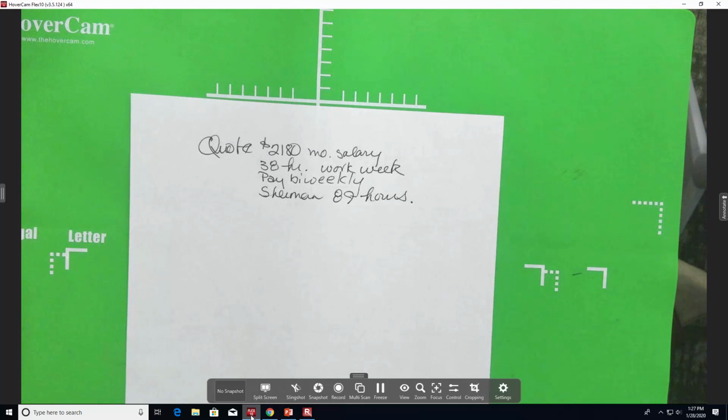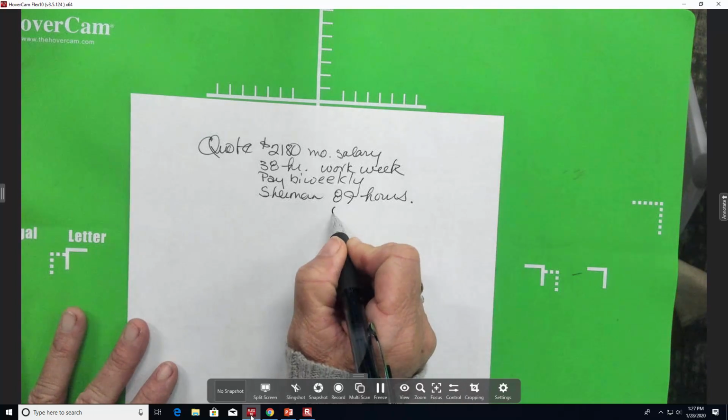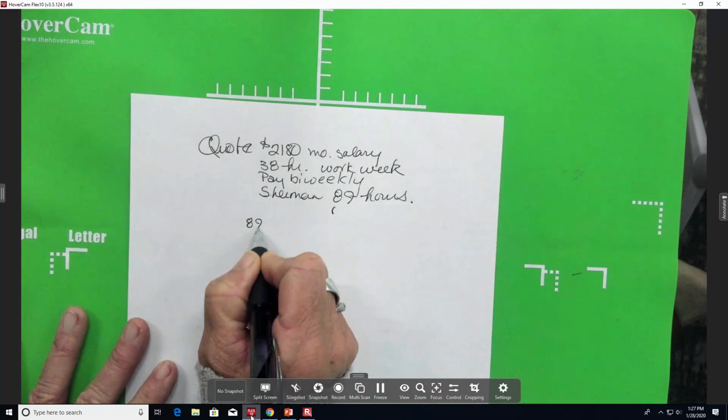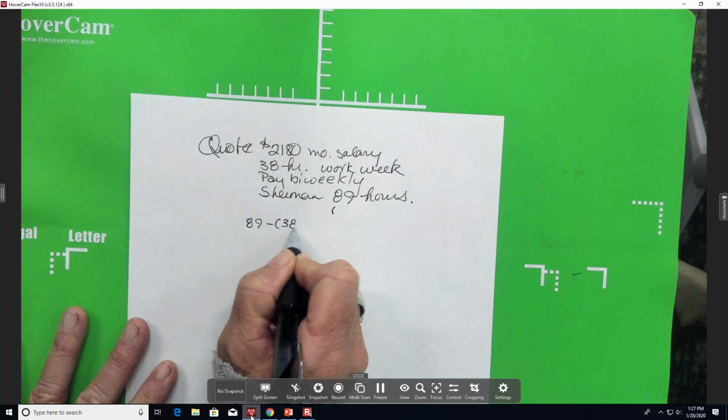So what's the scene here then? How many hours of overtime for my company has he worked? 13. He's worked 13 hours of quote-unquote overtime.